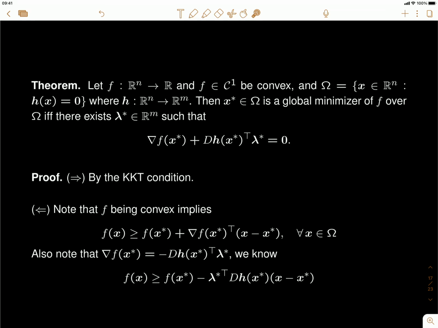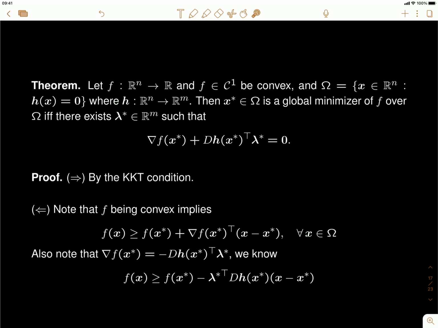Okay. Now, in the last few slides, we're going to show that for the constrained case, the Lagrange condition or the KKT conditions are actually not just necessary but also sufficient.